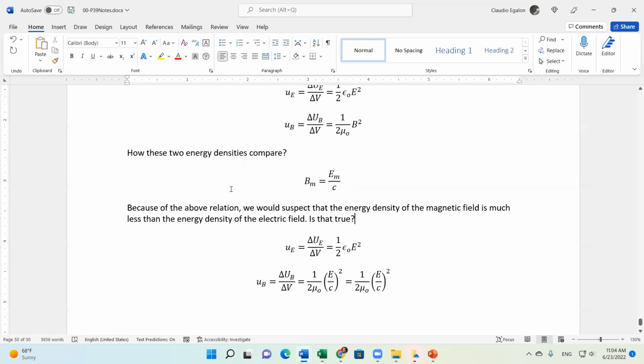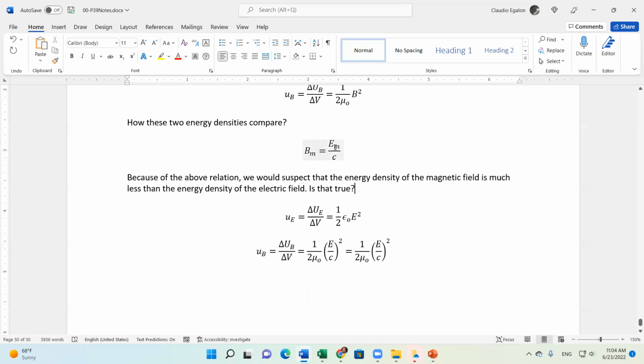All you have to do is replace this relationship right here in the equation for the energy density of the magnetic field. So let's see what we get by doing that. We're going to get a c squared here as well. Let's go another step.